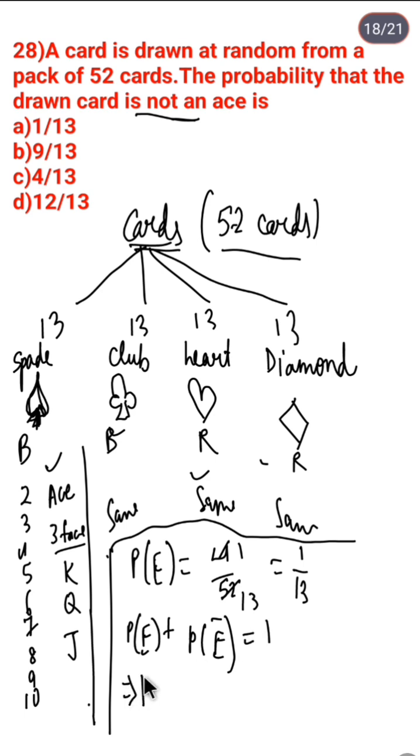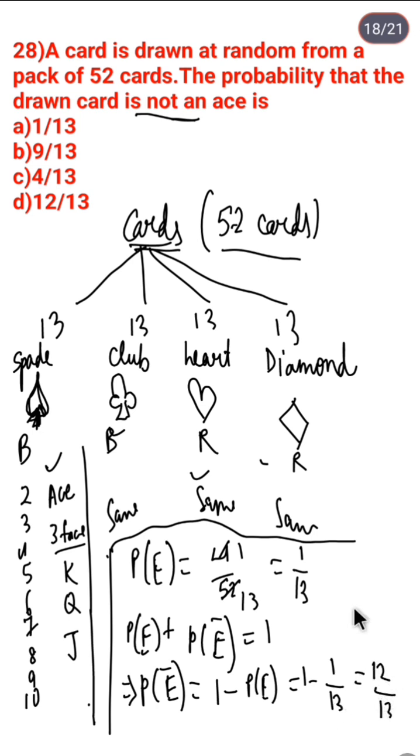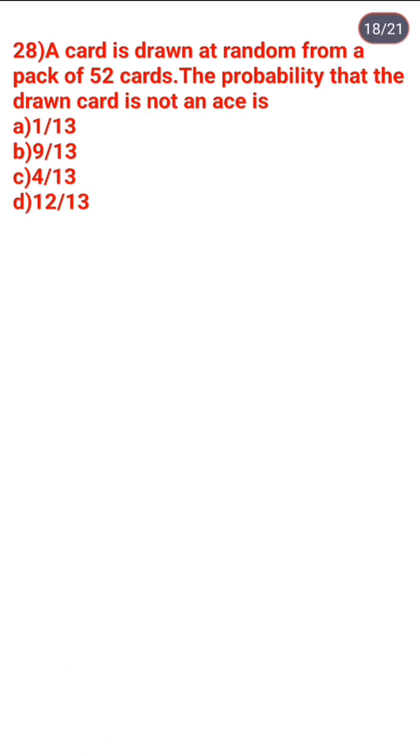Therefore the probability of not an ace will be 1 minus the probability of having that event, that is 1 minus 1/13, that will be 12/13, okay, option D. Or what you can do is subtract the 4 aces from the 52 cards, and after subtracting you can find that many outcomes easily. Next question.